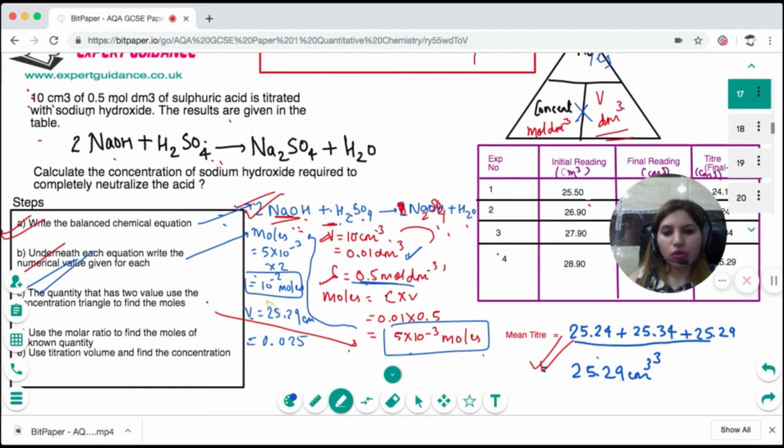So what is the moles? Moles is 10 to the power minus 2, and so we'll do 10 to the power minus 2 divided by the volume, which is 0.025, and that will give us 0.4 moles per dm³ as our concentration.